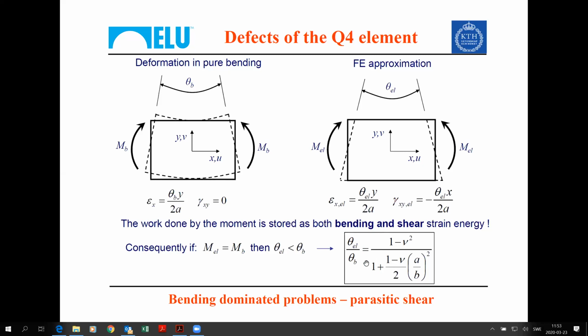The parasitic shear strain will increase in such a way that we will lose a lot of precision in our analysis. So one direct conclusion of this theoretical aspect is that if we use the Q4 element, especially in bending dominated problems, then we need to make sure that our elements are very compact, as close to a square as we possibly can.